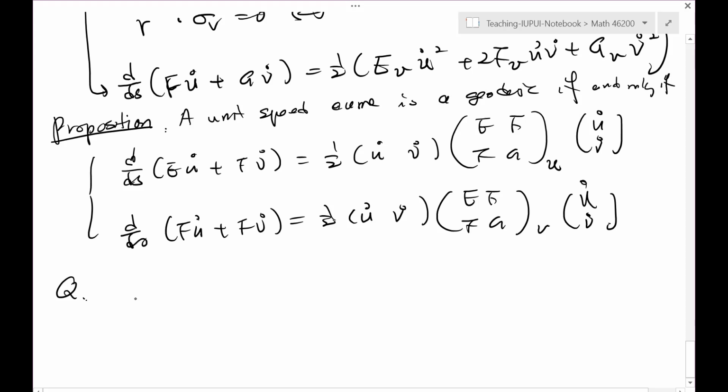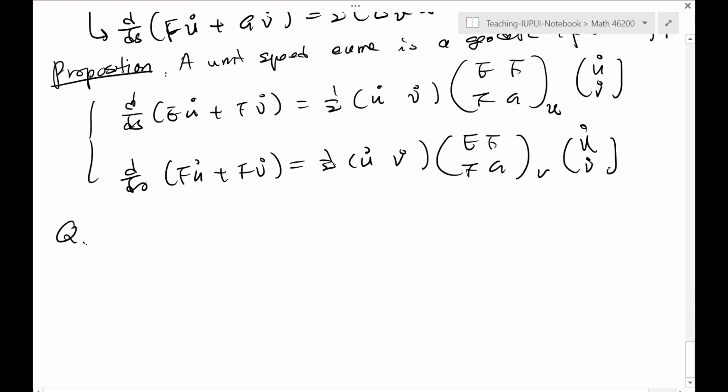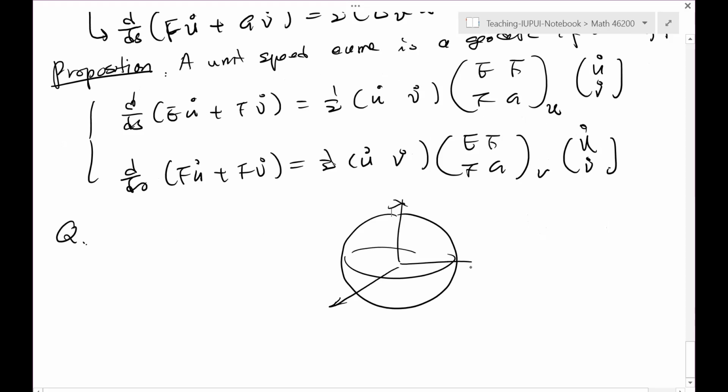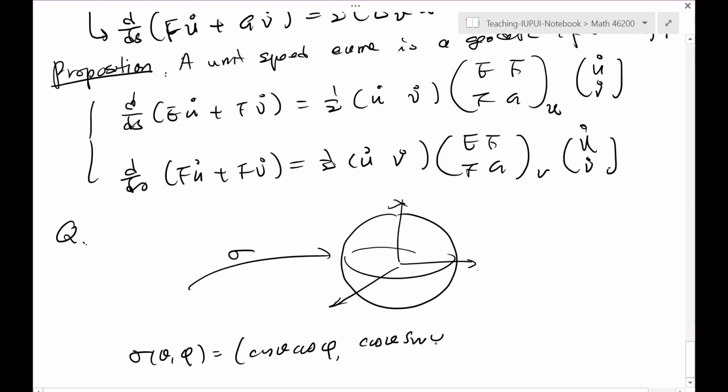Consider curves on the sphere. Here's a sphere. Here's a standard parametrization: sigma of theta, phi is cosine theta cosine phi, cosine theta sine phi, sine theta.